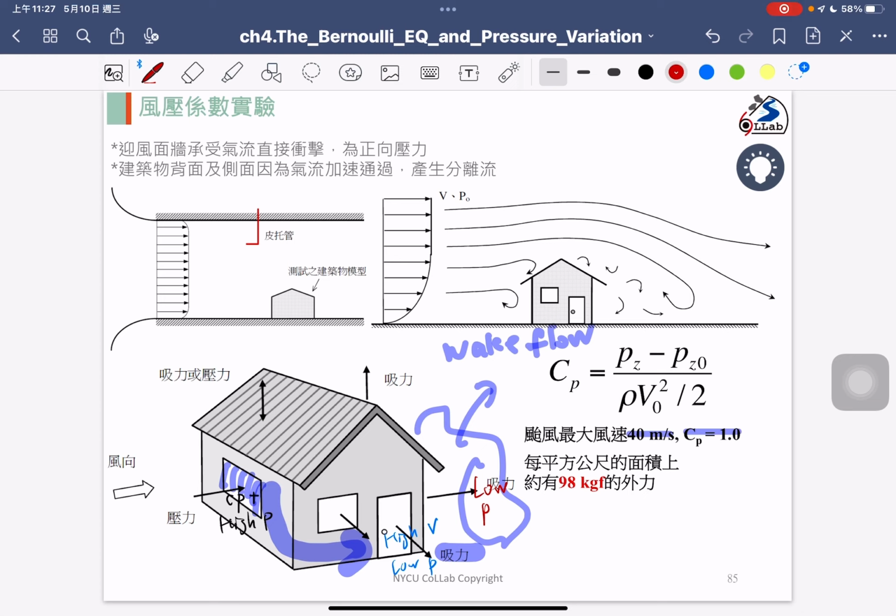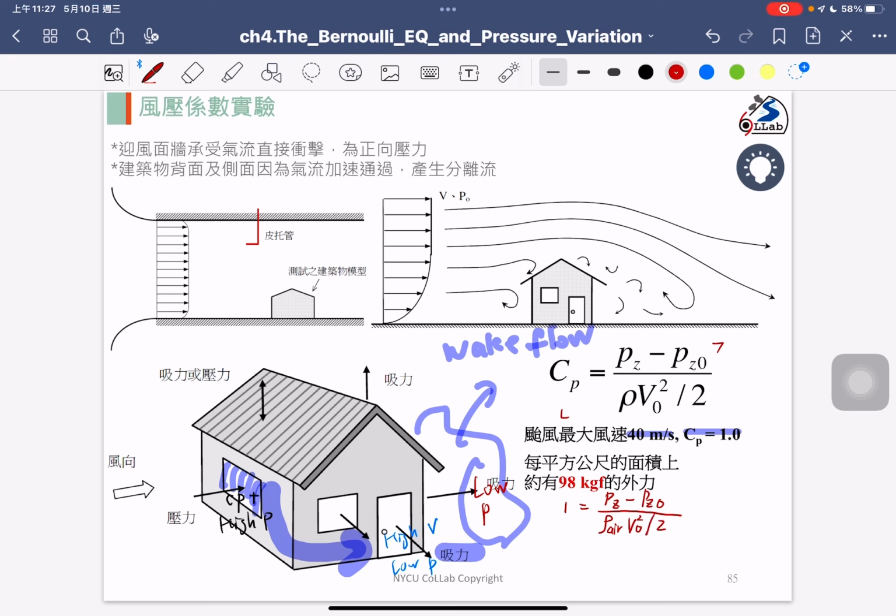So as I mentioned, based on this equation, I know that the Cp will equal the piezometric pressure at the house front minus the piezometric pressure at the free stream, divided by the air density multiplied by the velocity squared at the location on the free stream, divided by 2.